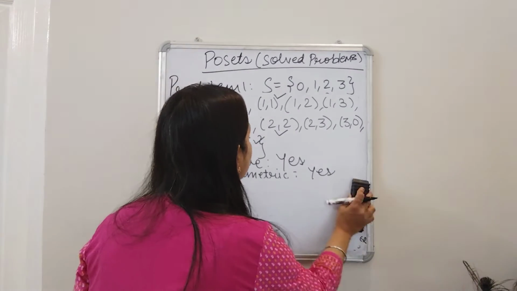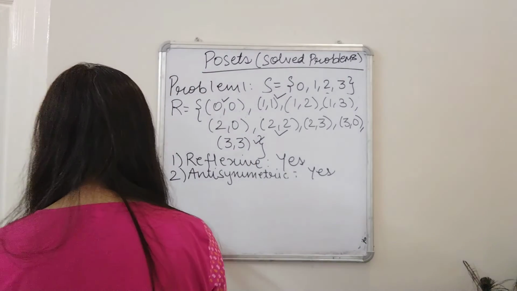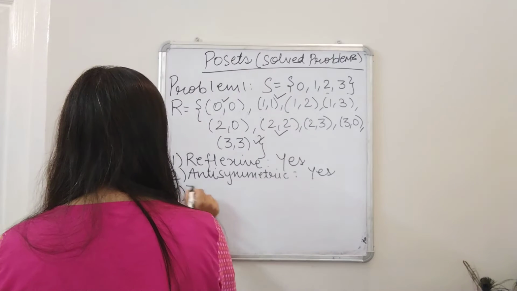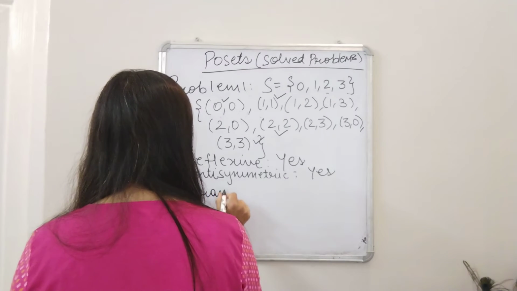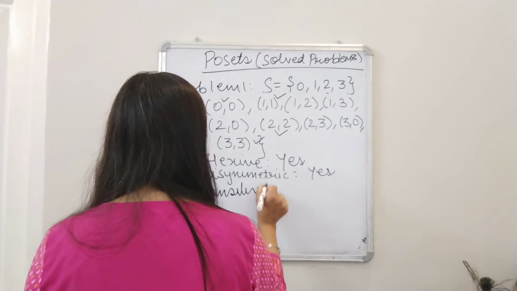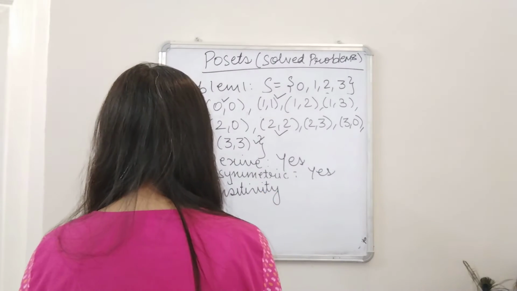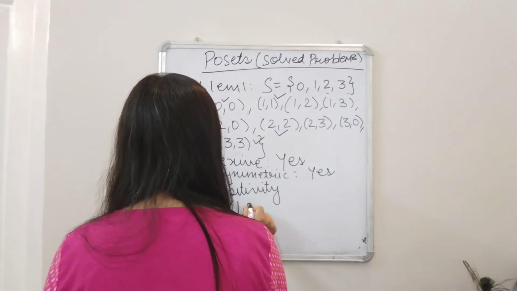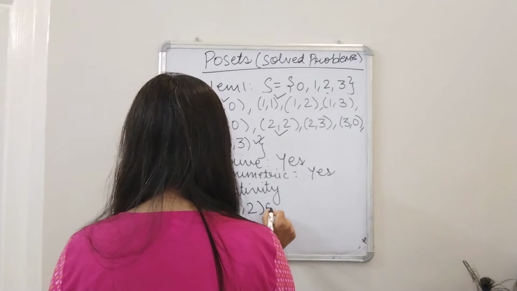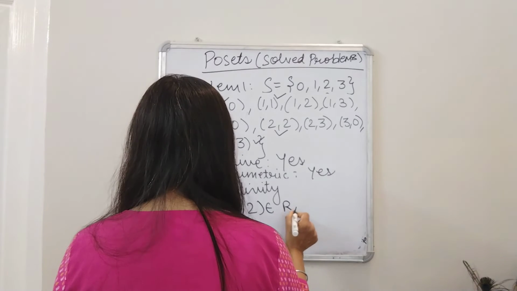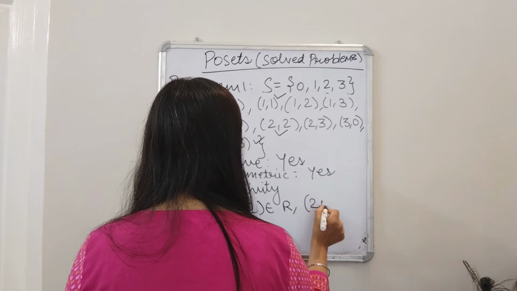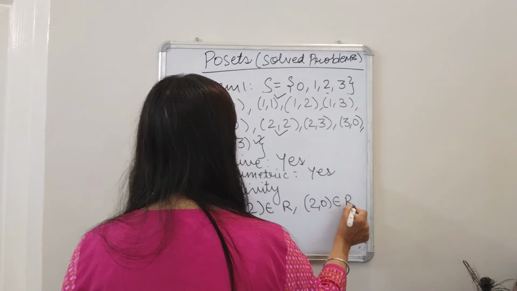Now let's check for transitivity. As per transitivity, here I can see the ordered pair 1, 2 belongs to the relation, and the ordered pair 2, 0 also belongs to the relation.